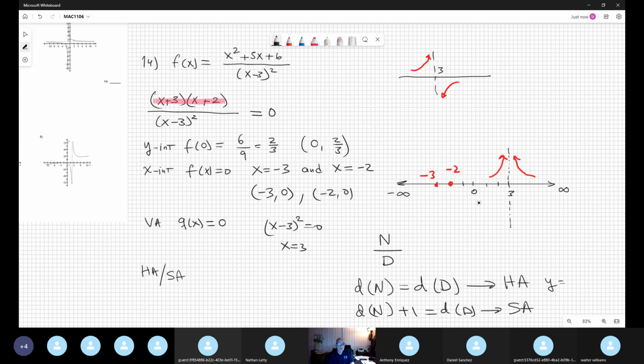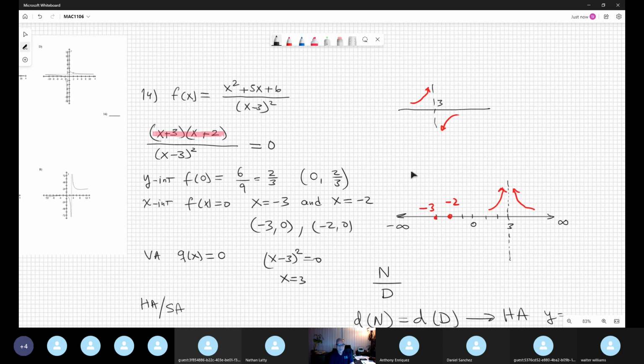So what is the degree of our famous numerator? What is the degree of this guy? 2 or 3? No, it's 2. You don't add them.